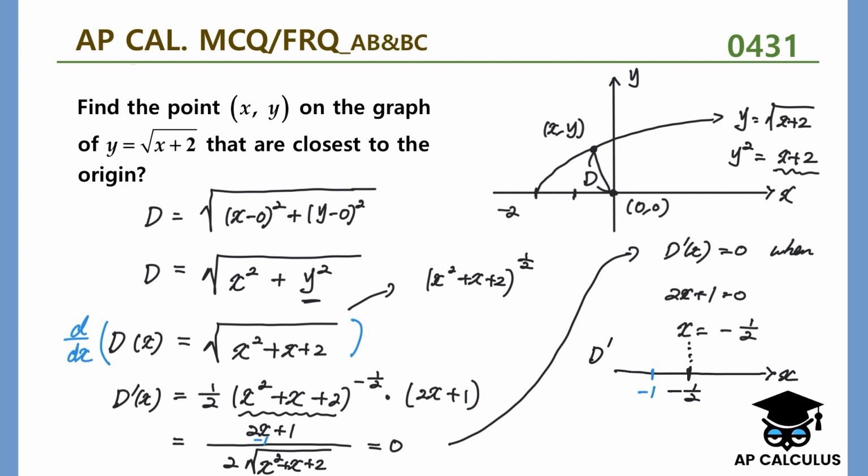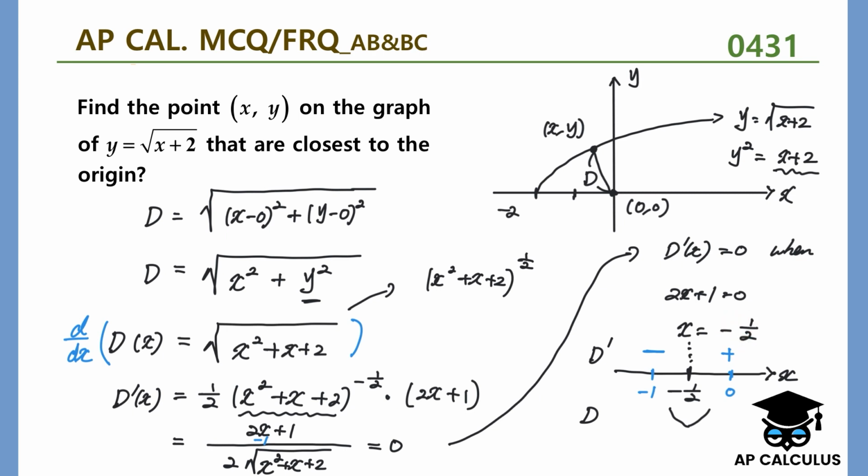So here we have a negative. If we substitute any number greater than negative 1 over 2, let's say 0, then this is going to be positive. So distance is decreasing and increasing, right? So this distance is minimum when x is equal to negative 1 over 2.